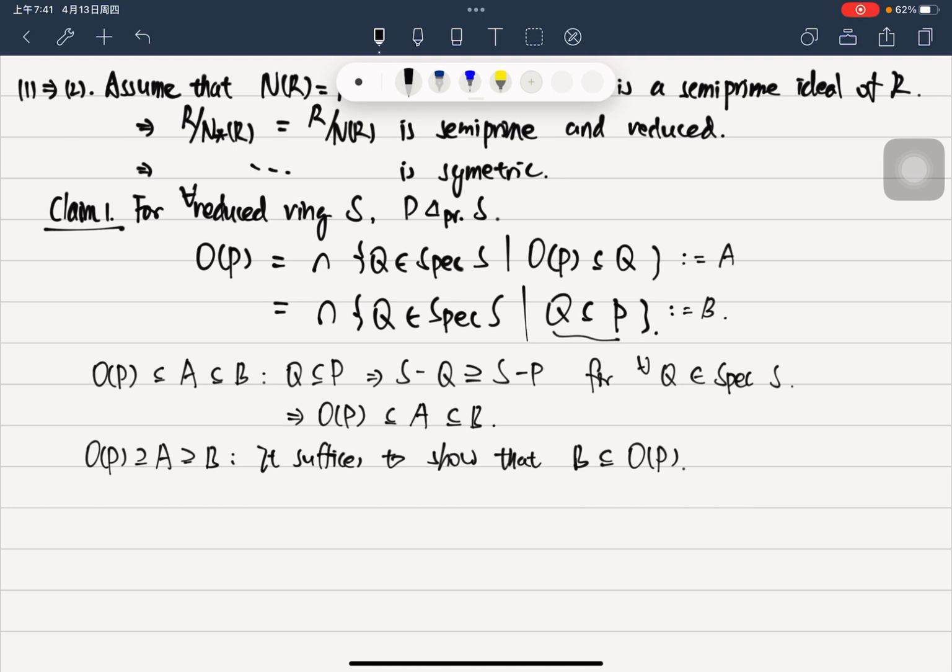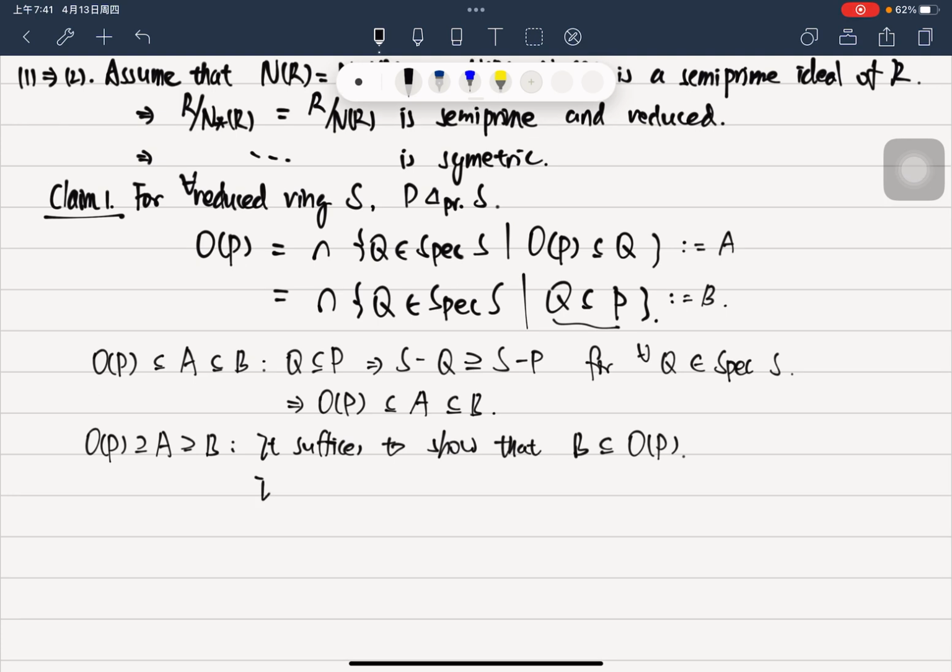And moreover, we will use this strategy: any element A not contained in B, then A is not contained in P. Here B is the intersection of prime ideals, so it suffices to show that for every A not in B, there exists a Q.